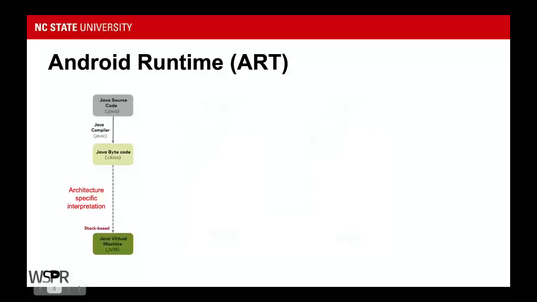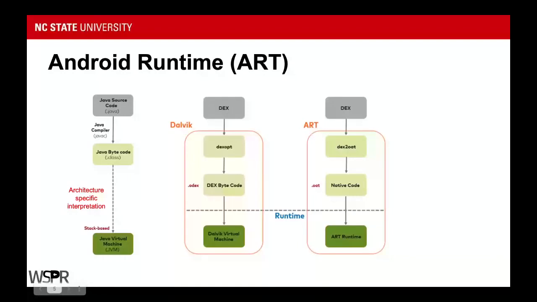Android follows the same procedure. Here, instead of a Java virtual machine, we have the Dalvik virtual machine. So Dalvik would do the platform-specific translation every time you are running the app. It would therefore make the app take more time to start, and it would consume more battery. Since Android KitKat, they introduced this new runtime environment called Android Runtime, or ART.